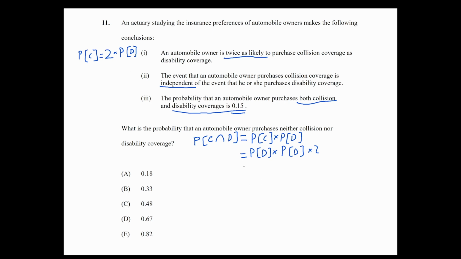Okay? So let's clean this up a little bit. This is going to be 2 times probability of D squared, which is all equal to 0.15.